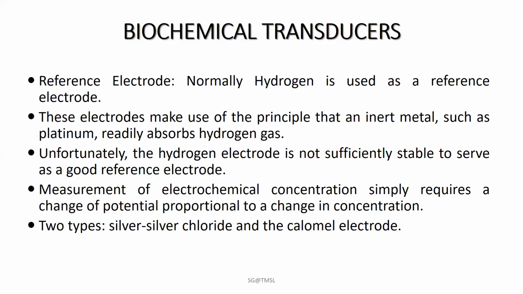This is filled with the solution, which forms a liquid junction with the sample solution. The electrode can be successfully employed as a reference electrode if the potassium chloride solution is also saturated with precipitated silver chloride.